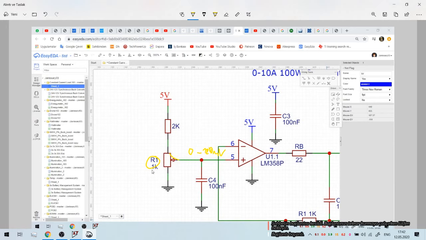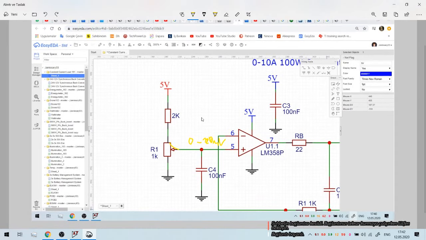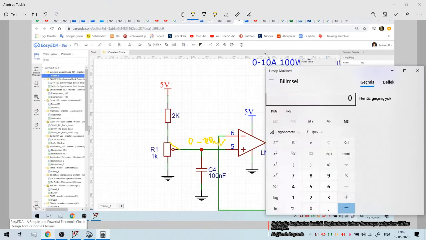But I don't remember exactly, maybe 10K. I will check it. I have some potentiometers. Not important, it is only gain. We can change it quickly. And if this connection goes there, there is a 1K resistor and we need a maximum of 120. We can calculate easily.